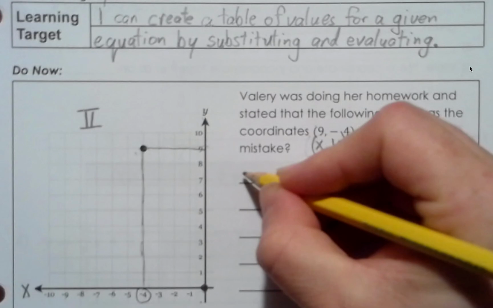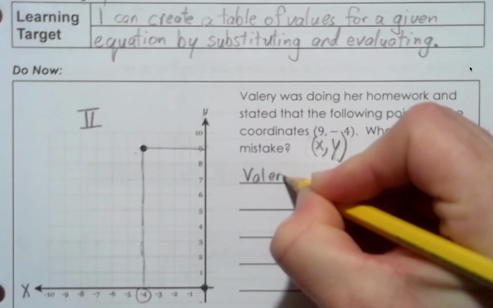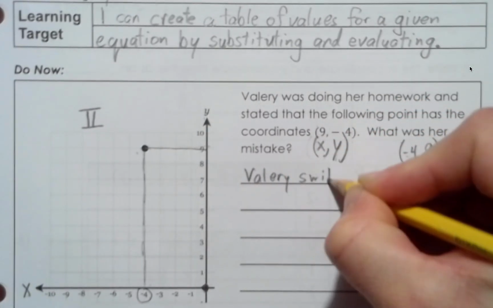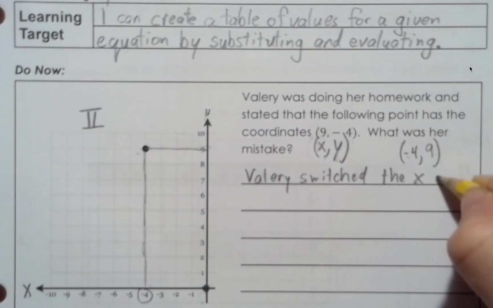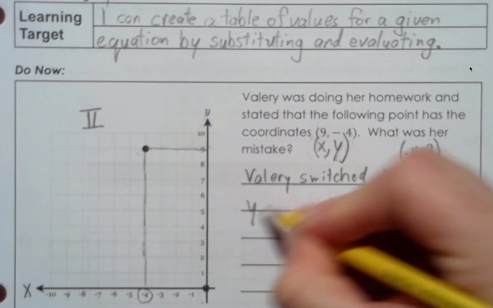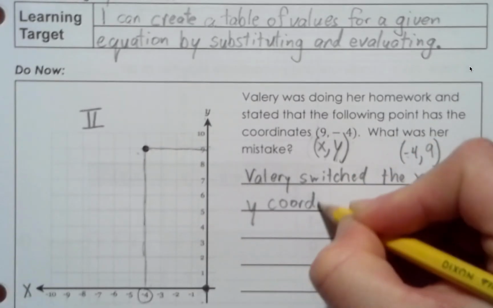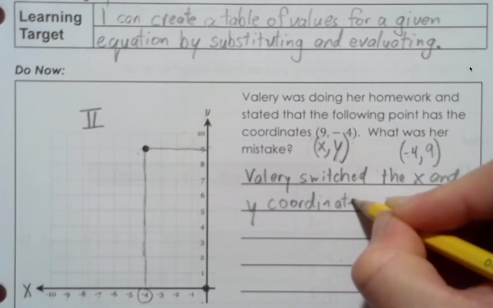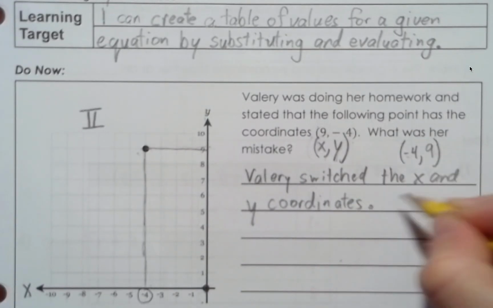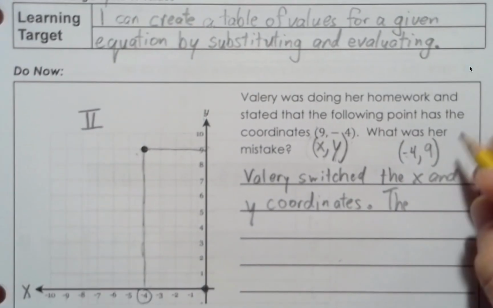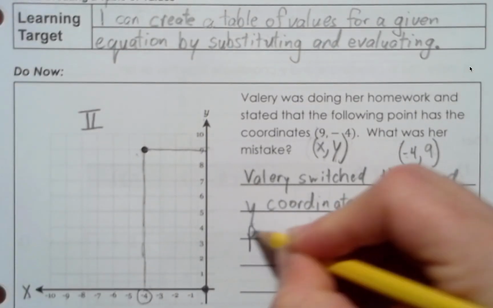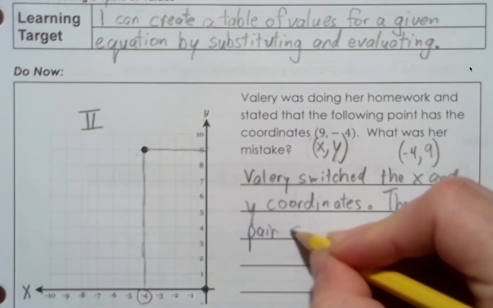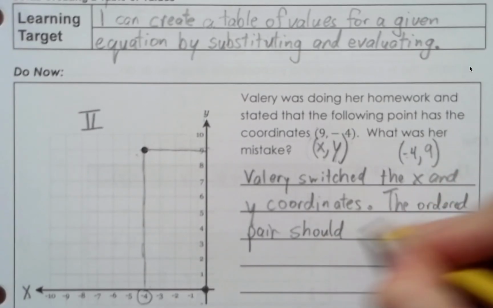Valerie switched the x and y coordinates. The ordered pair should be -4, 9.